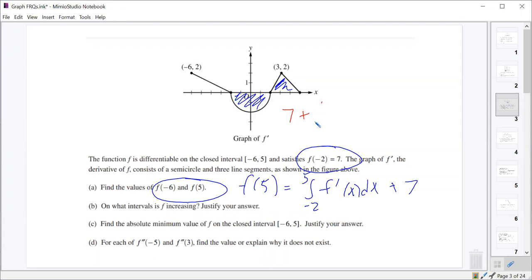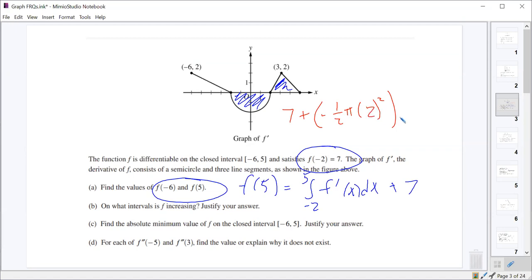It's below the x-axis, right? Which means it is negative. It's a semicircle, which means it is 1/2 pi times the radius squared. What's the radius? 2.